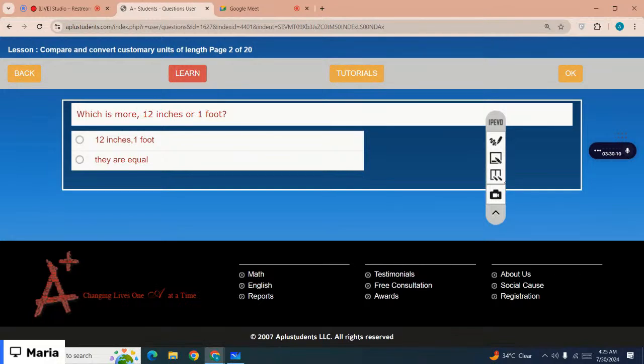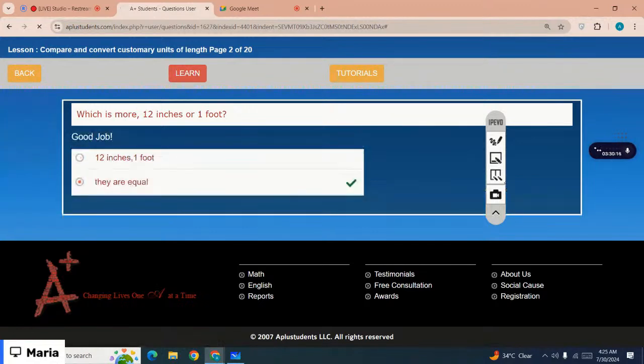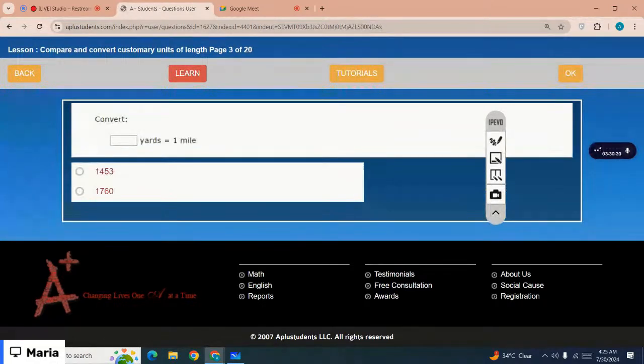They are equal. 1 mile equals how many yards?